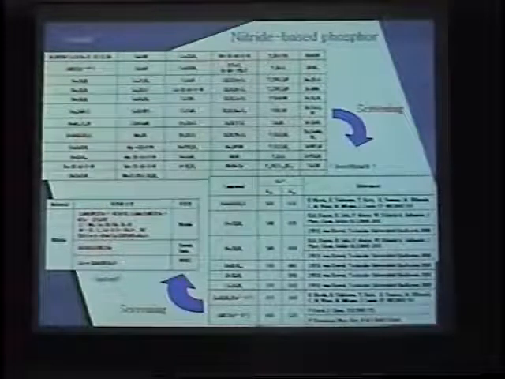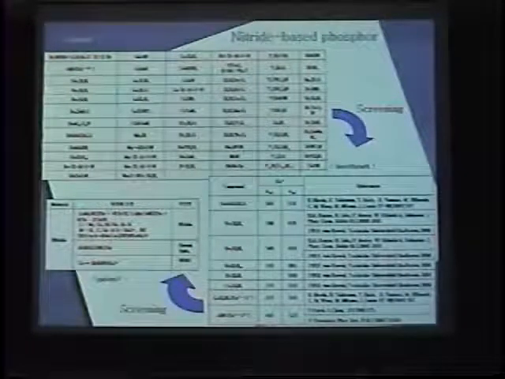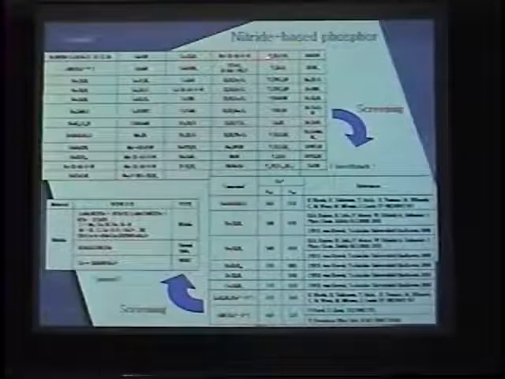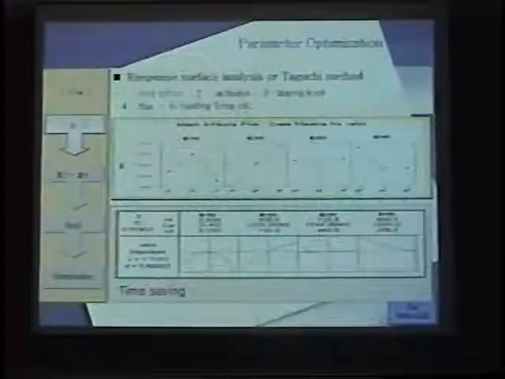An LED phosphor has to absorb in the visible range, so the good candidate is nitride material. So we identify some materials here: oxide, sulfide, nitride.